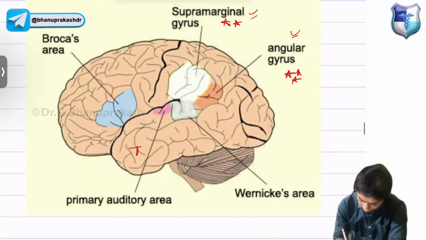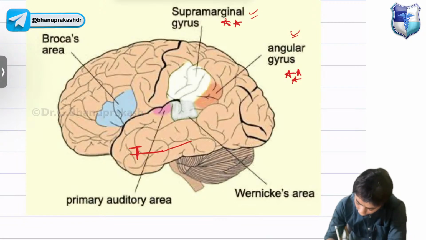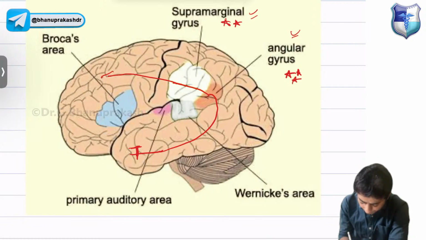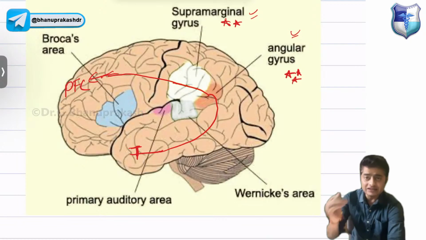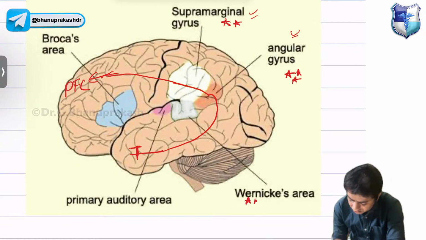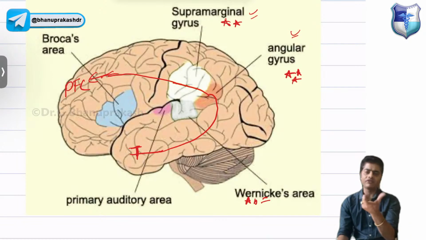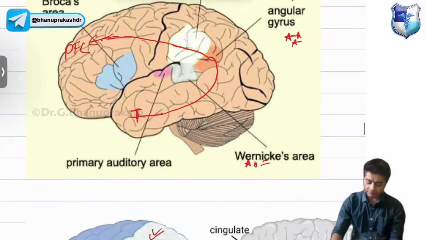If this is my temporal lobe, it starts from here. It goes from here, angular gyrus is affected, then supramarginal gyrus is affected, then it affects the prefrontal cortex. And sometimes when this disease is going, it involves the Wernicke's area also. Then Wernicke's aphasia can also be there.